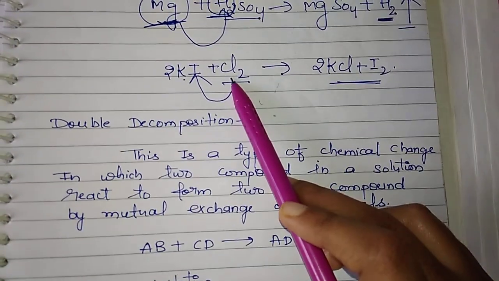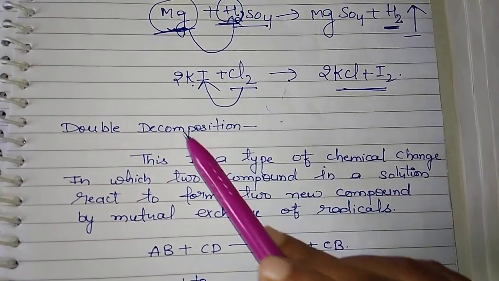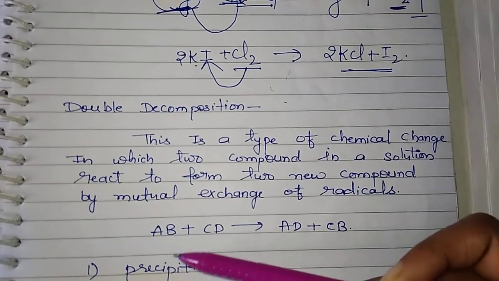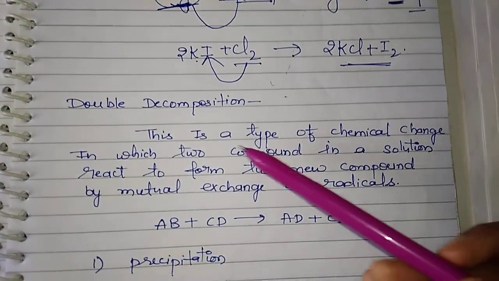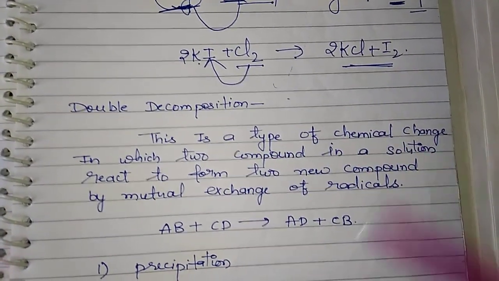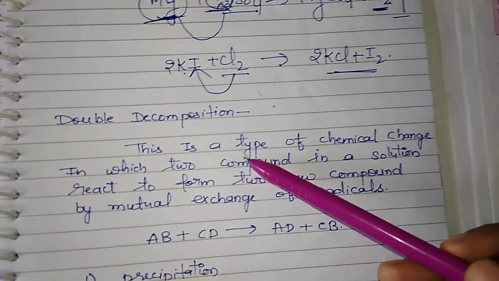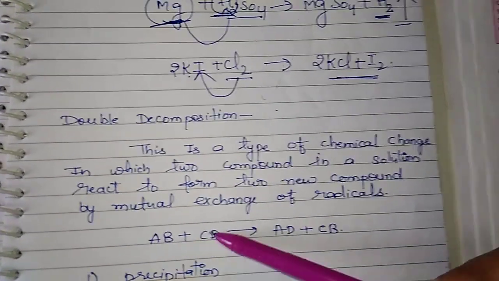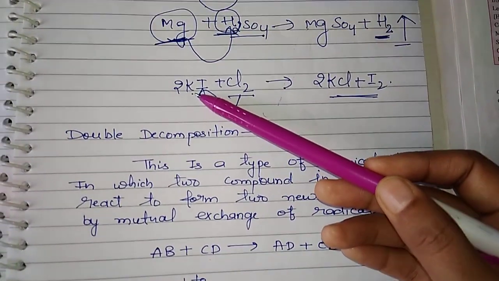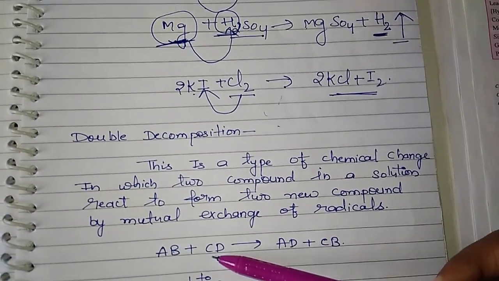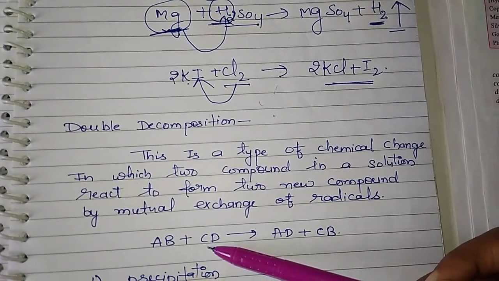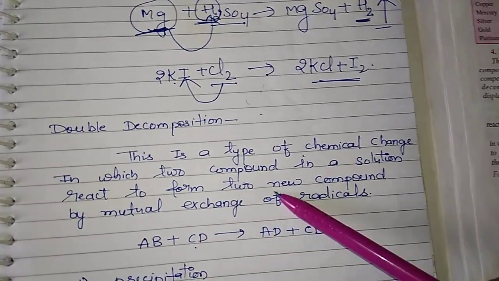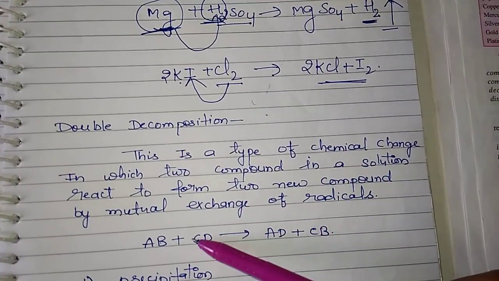In the same way as one element displaces another one, here only a little bit of change is there. This is a type of chemical change in which two compounds in a solution react to form two new compounds.